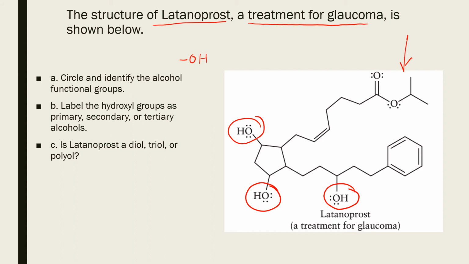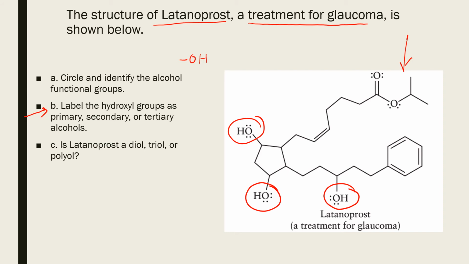In the second part, we need to label the hydroxyl groups as primary, secondary, or tertiary. Primary or secondary tertiary can be identified by looking at the carbon atoms where the hydroxyl group is connected to, and we need to see how many more carbon atoms that particular carbon atom is connected to.